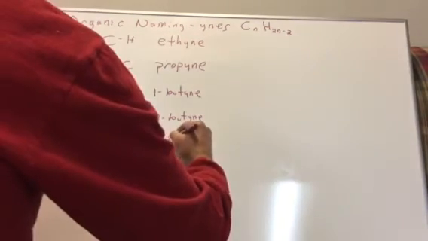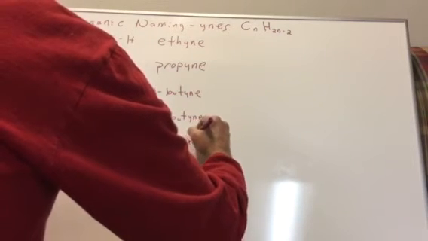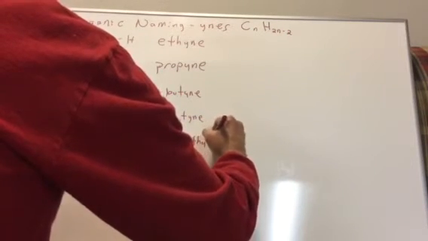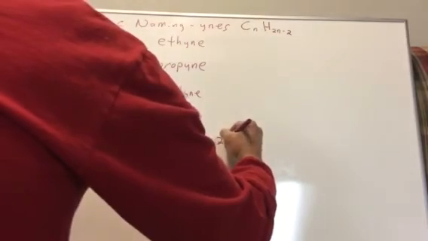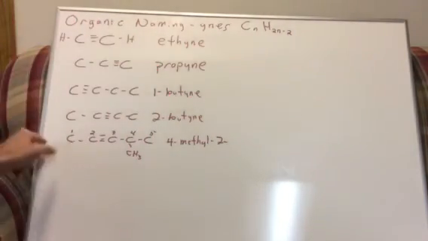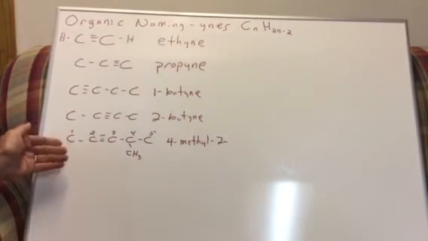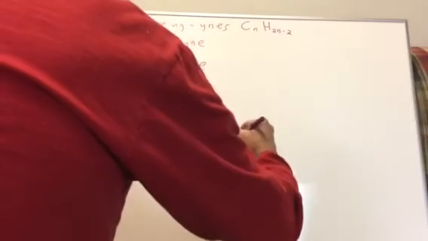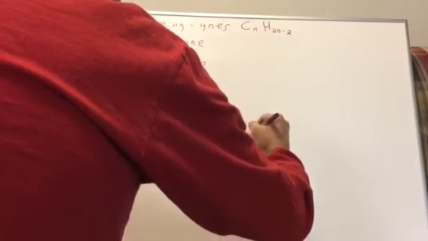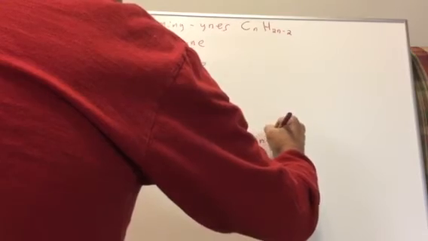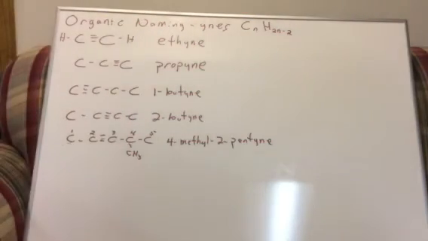So this becomes 4-methyl-2-, and we got 1, 2, 3, 4, 5 carbons. So we have pent, and then yne, Y-N-E.